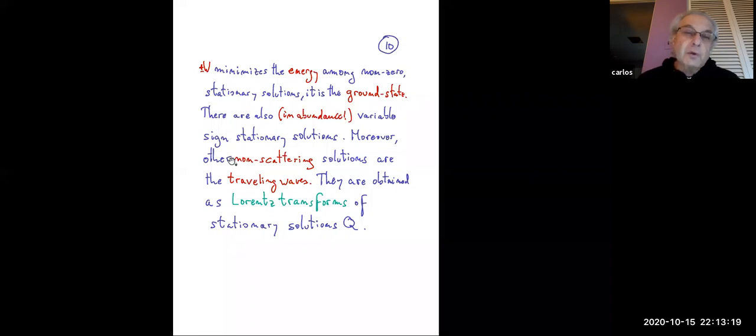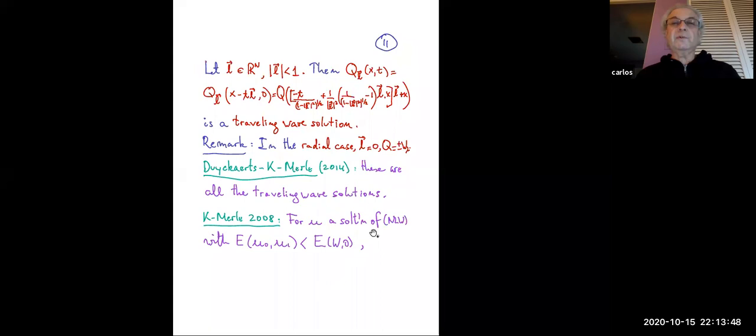One way to produce traveling wave solutions is by using a Lorentz transformation to stationary solutions. The Lorentz transformations leave this set of solutions of the energy critical nonlinear wave equation invariant. And so this is another invariance of the problem, and we can apply Lorentz transformations to stationary solutions.